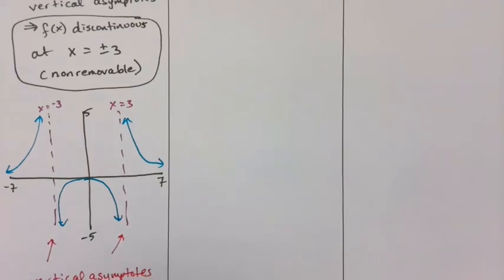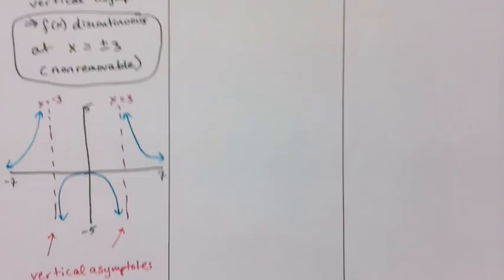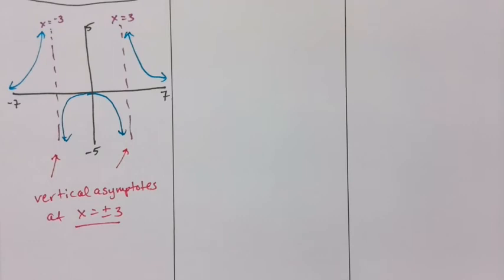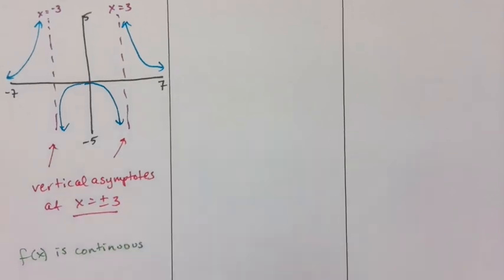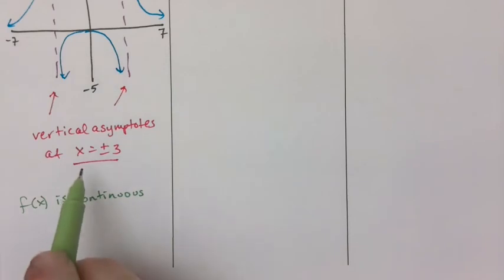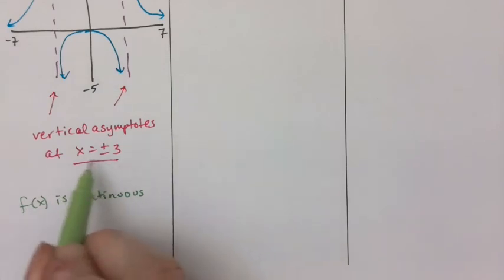Now, technically, they asked us to discuss the continuity of the function, and we've only discussed the discontinuity of the function. I mean, they go hand in hand because they're kind of like opposite sides of the same coin. But since we were asked to discuss the continuity, we can say that this function is continuous at all values except for these two. So what we want to say is all real numbers except for these two.